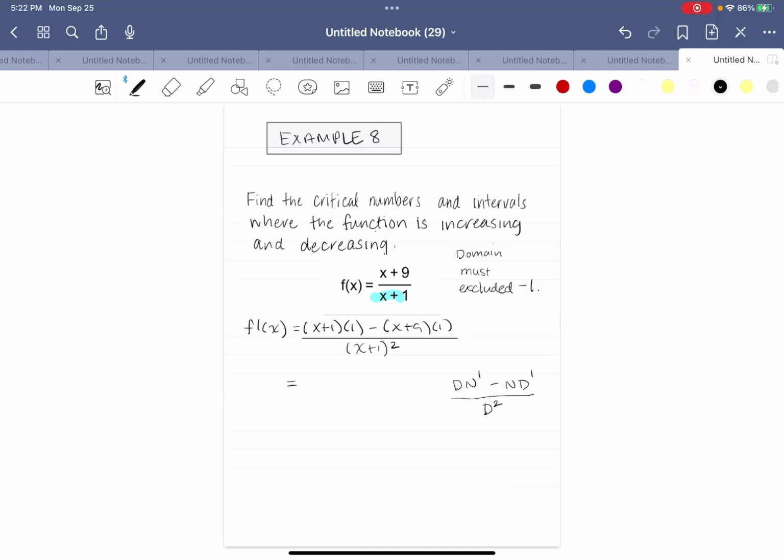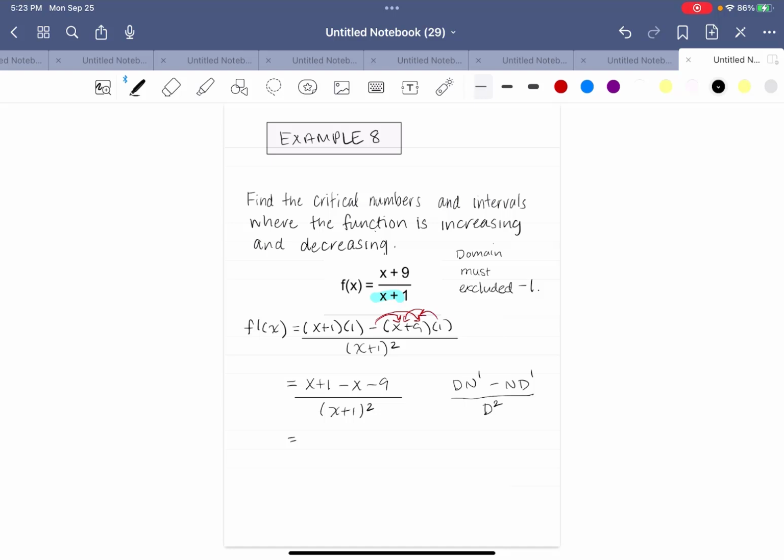Multiplying out the numerator, x plus 1 minus x minus 9. Now be really careful here. You've got to distribute this minus sign and this 1. The 1 is not going to change anything, but the sign is going to change both signs. This is going to be over x plus 1 quantity squared.